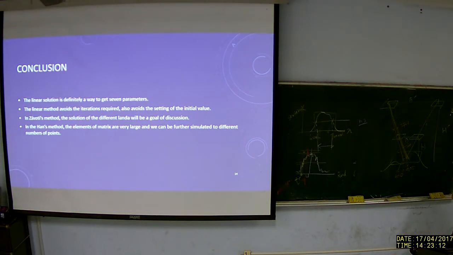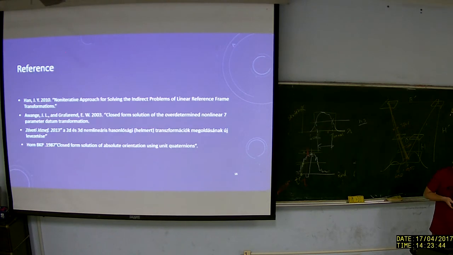The linear solution is definitely a way to get the 7 parameters, and it avoids the required iteration, and also avoids setting the initial value. And in the multi method, the solution of the different lambda will be a goal of a decision. And in the Han method, the elements of the matrix are very large, and we can further simulate with a different number of points. And this is my reference.